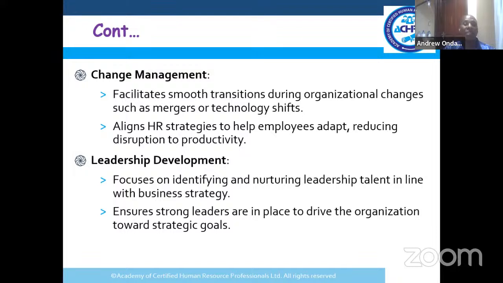Another area is in technology. We are now embracing new technologies like AI. We cannot continue using the traditional methods of working. Thirdly, we are witnessing changes in organizational strategies.